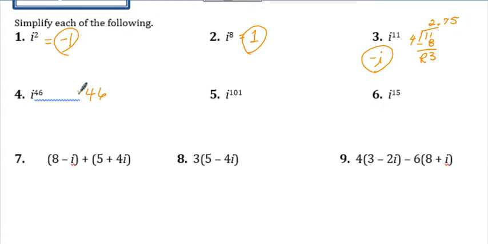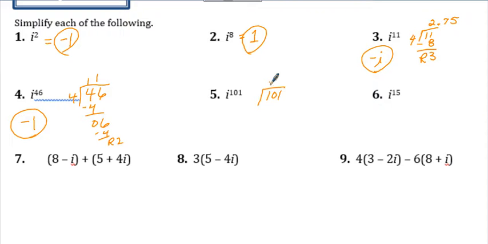46 divided by 4. If I get 4 into 6, I get 1, and I have a remainder of 2. A remainder of 2 means I simplify down to negative 1. 101. And if you're doing this on your calculator using the decimal method and the circle, that's completely fine.